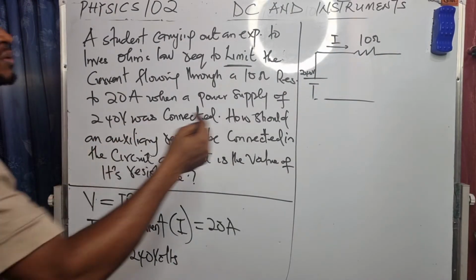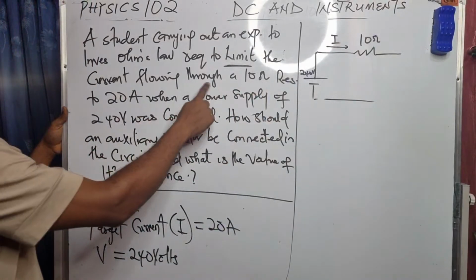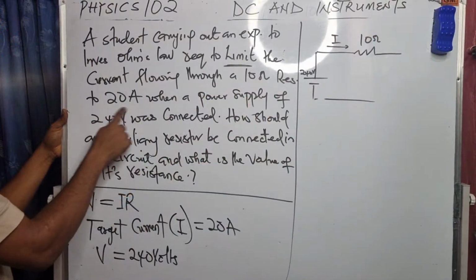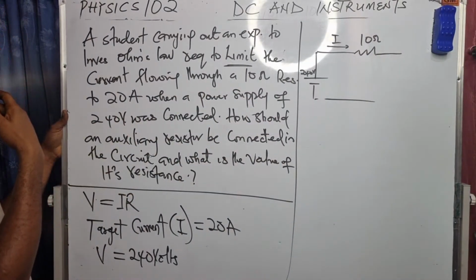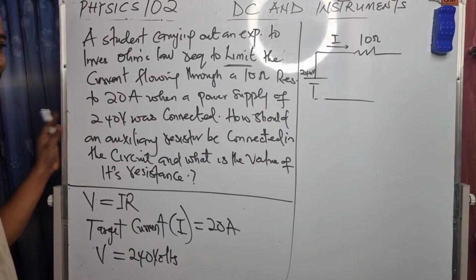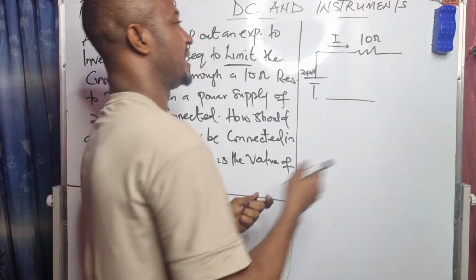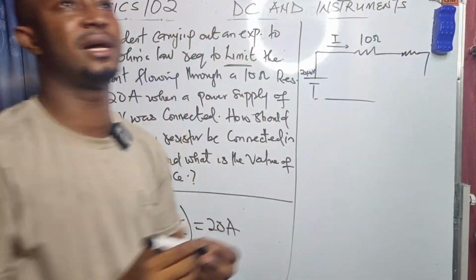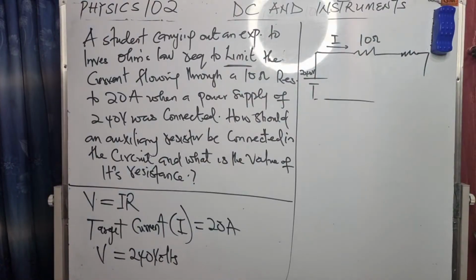And for me to limit the current flowing through this resistor to 20 ampere, what should we do? I have to increase the resistance. Let me give an illustration. Let's say, for example, I have a bulb.